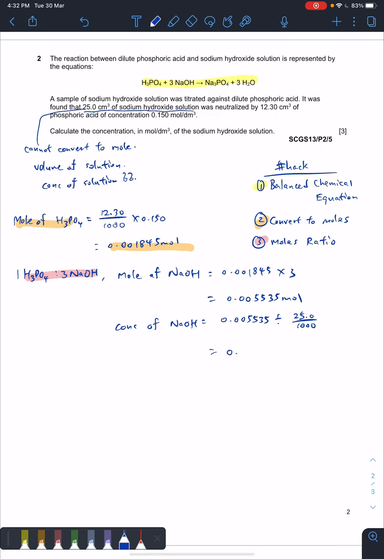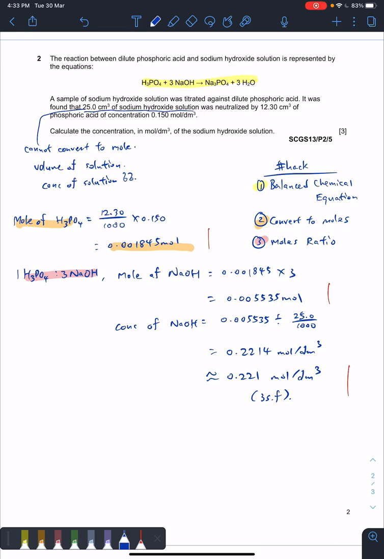You will get the final answer of 0.2214 mole per dm cube, so 0.221 mole per dm cube. Do recall that the final answer needs to be 3SF. And that's how you get your 3 marks. Alright, so that's all for the practice question.